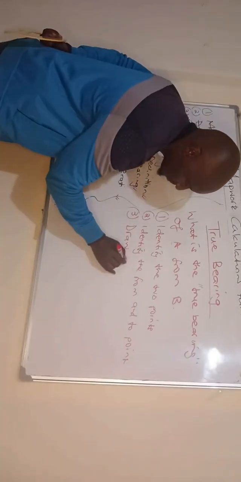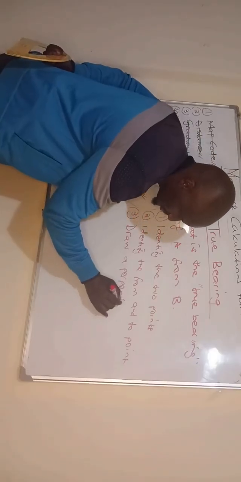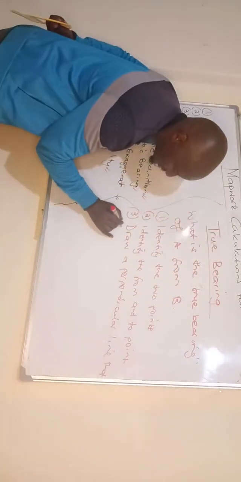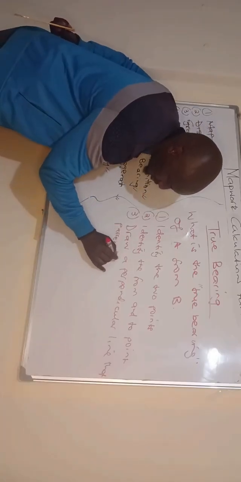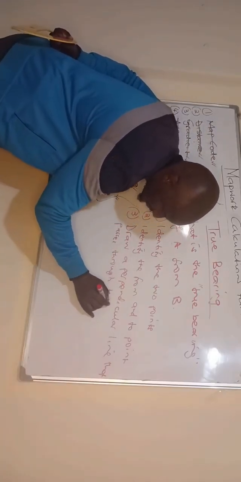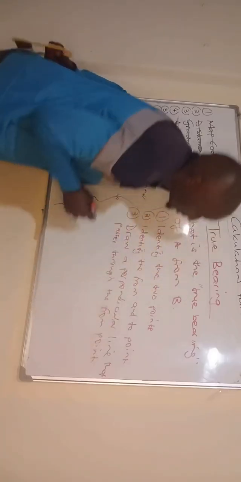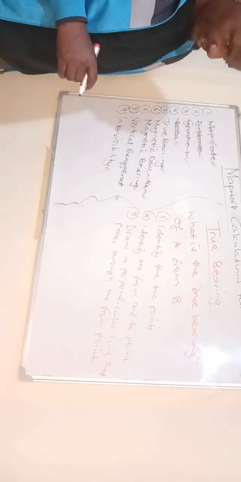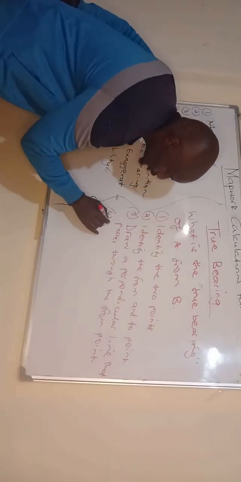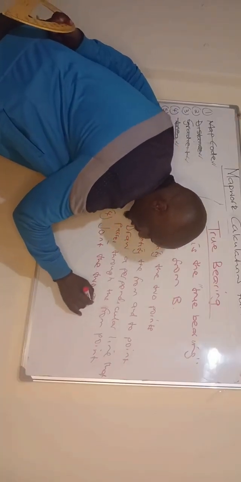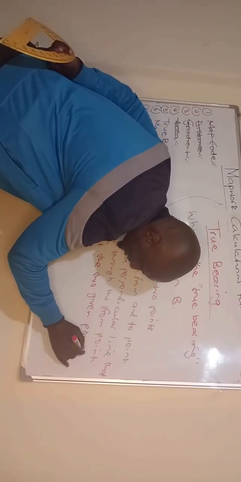Draw a perpendicular line that passes through the from point. Draw a perpendicular line that passes through the from point. Are we together? Okay. Number 4, join the 2 given points.